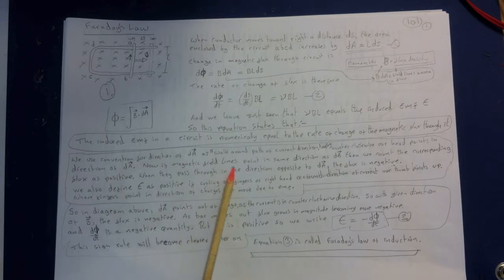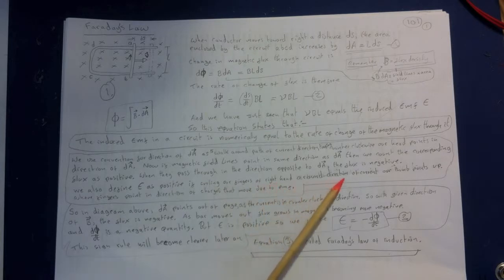Now if the magnetic field lines point in the same direction as dA, then we count the corresponding flux as positive. When they pass through in the direction opposite to dA, the flux is negative. We can also define the electromotive force E as positive if, curling the fingers of our right hand around the direction of current, our thumb points up, where the fingers point in the direction of charges that move due to the EMF.